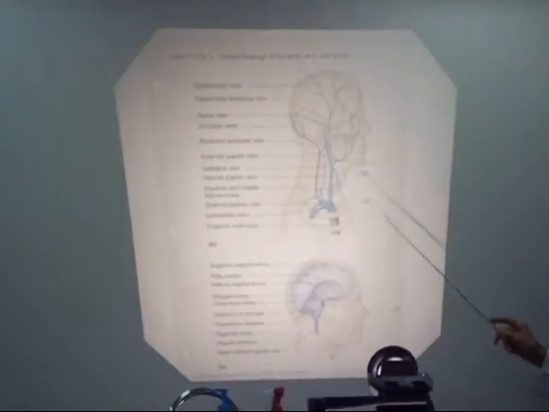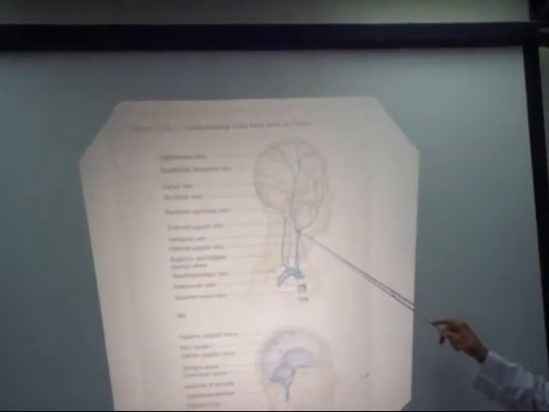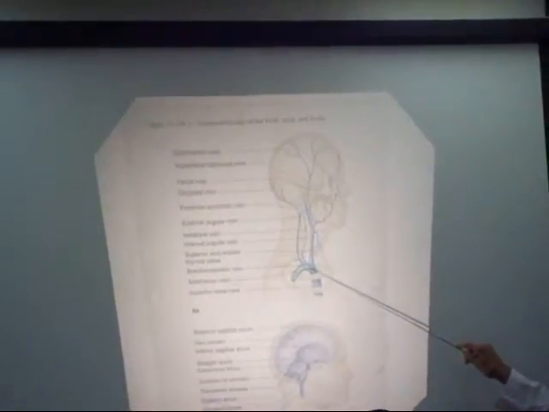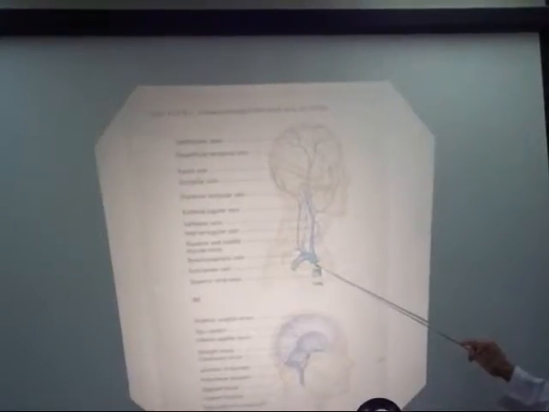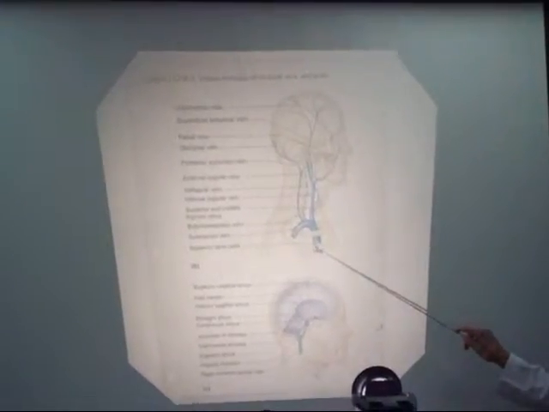All right, let's orient where we are here. Here's the subclavian vein. Here's the internal jugular vein. Where they join each other, at this point right here, is the beginning of the brachiocephalic vein, that little short segment of vein before we get to superior vena cava right here.